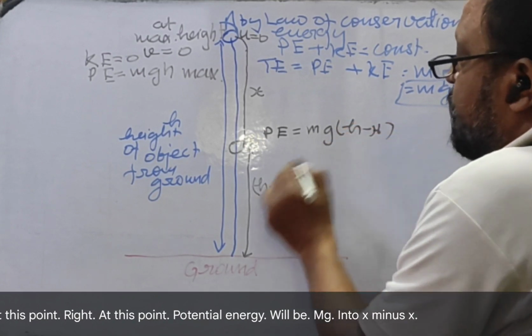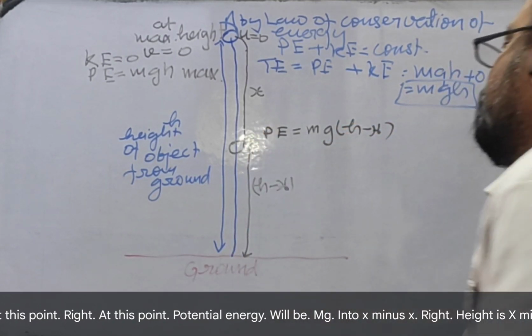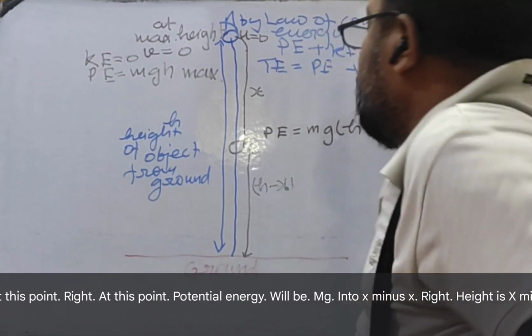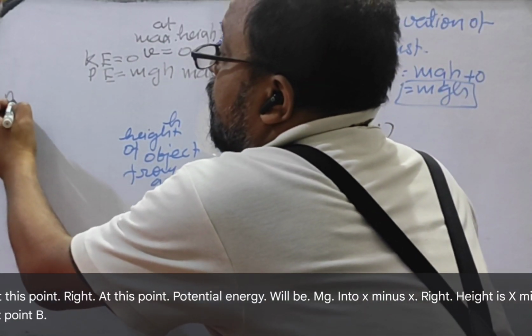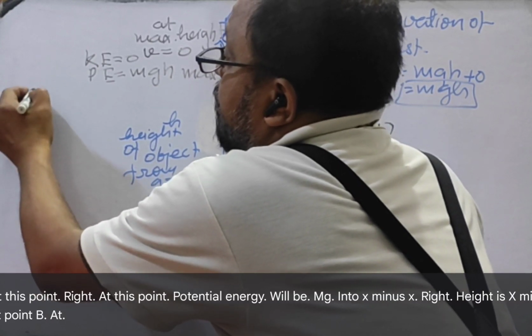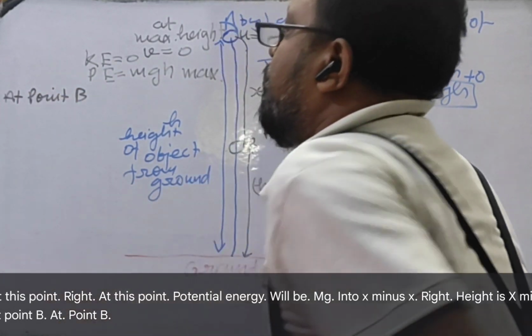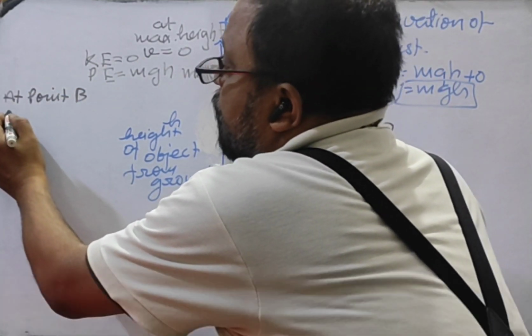Height is h minus x. And if we talk at point B, kinetic energy.